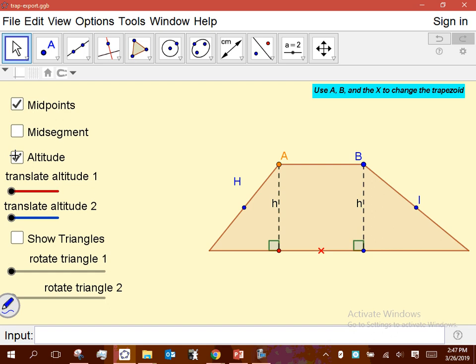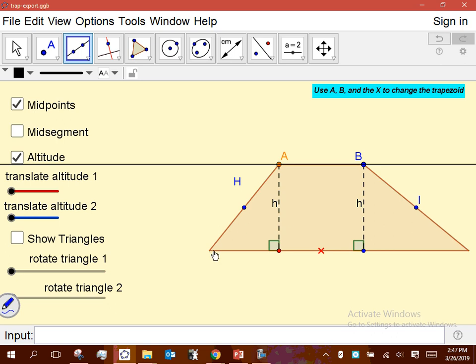So as long as I have, let's say, that line there and that line there, as long as I take a distance that's between those two lines, isn't that distance, and it's perpendicular to both those lines, isn't that distance going to be the altitude?